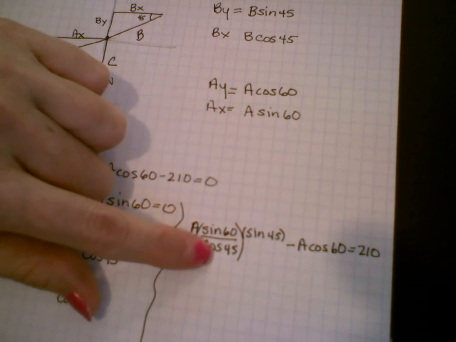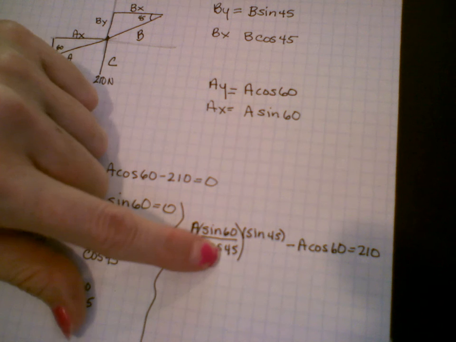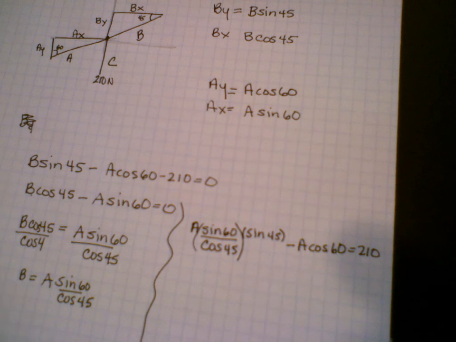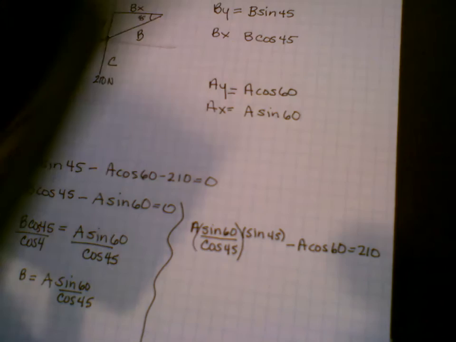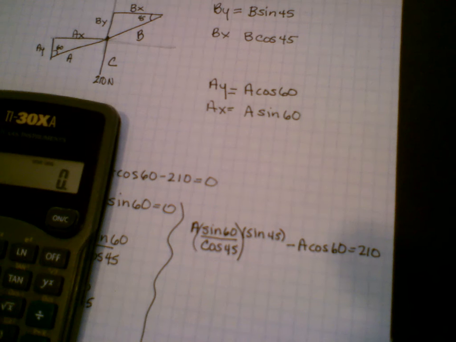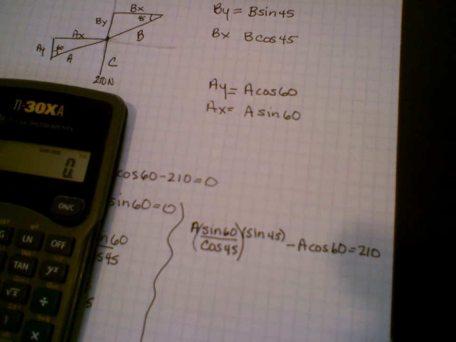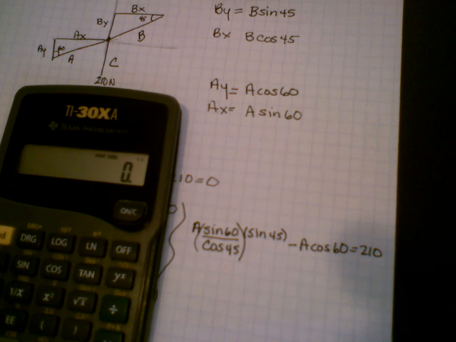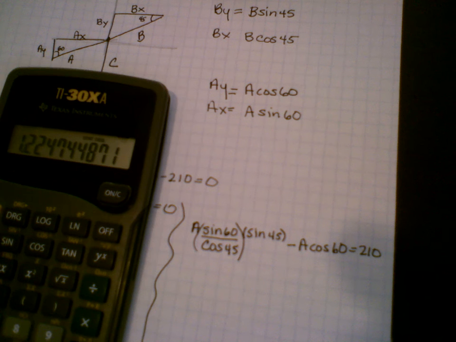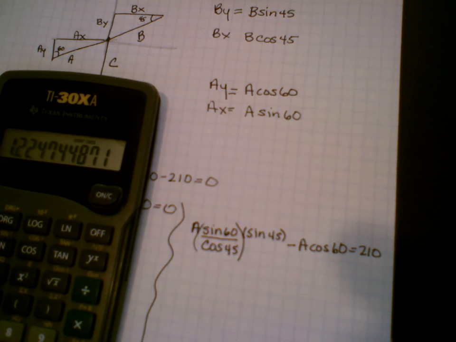So let's figure out this part here first. I take sine 60 divided by cosine 45, and I'm going to multiply that by sine 45.